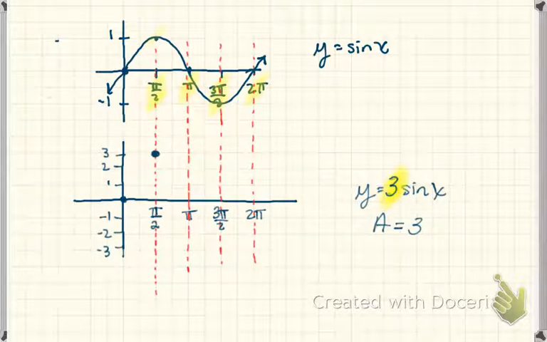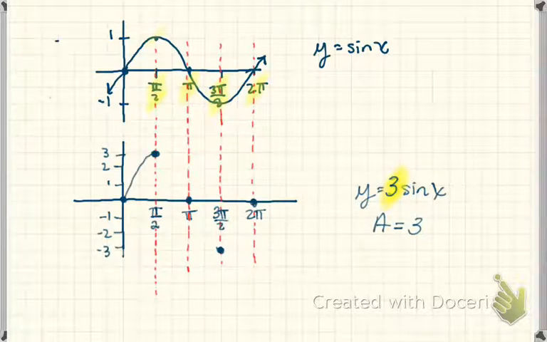At pi, it's 0, so 0 times 3 is 0. At 3 pi over 2, it's -1, so -1 times 3 is -3. And finally, at 2 pi, 0 times 3 is 0.